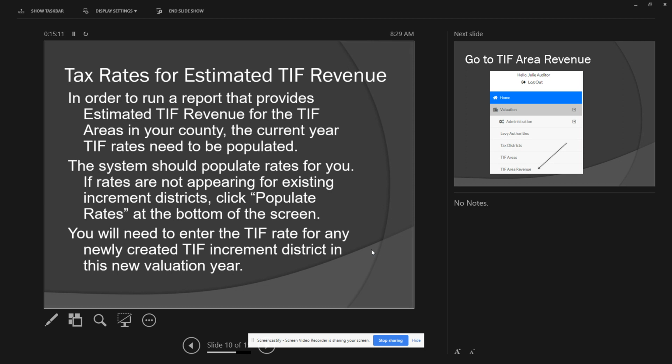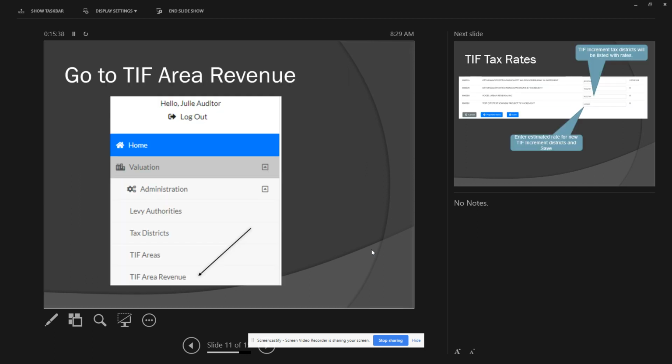But if you go into the system now in 2019 and create a brand new TIF area or just even a new increment district, you're going to need to calculate using that estimated formula, make a determination on what that protected TIF rate needs to be, and enter that into the system.